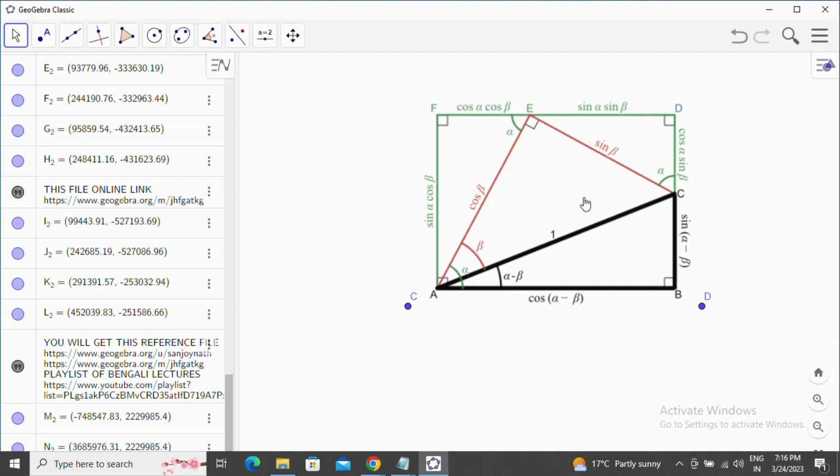But is it really so? In this case this line segment is taken as the 1, and if this one is the beta, then this one is done first, which is sin beta, and again it is alpha, so it should be written as sin beta sin alpha. Instead, in this picture they are showing it as sin alpha sin beta. This is the wrong way to write.